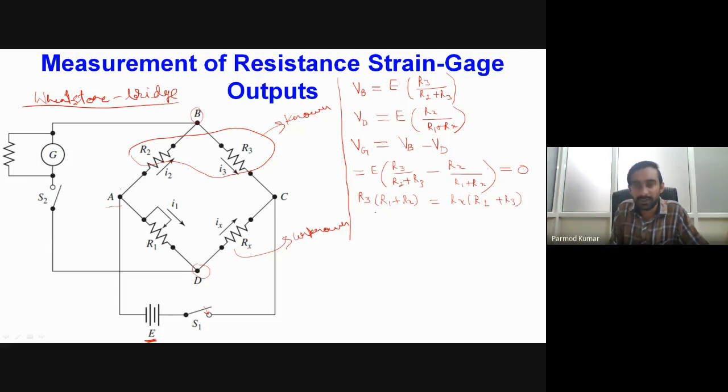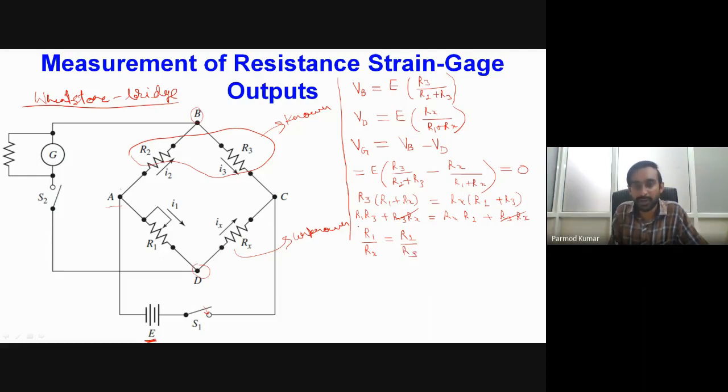You can see over here R1 R3 plus R3 Rx is becoming equal to Rx R2 plus R3 into Rx. So R3 into Rx on both sides will cancel out, and finally I find that R1 divided by Rx is equal to R2 divided by R3.